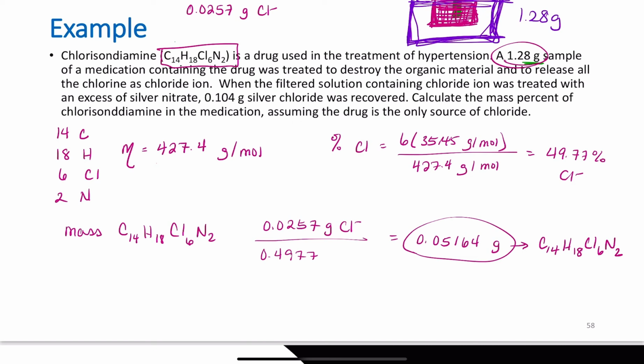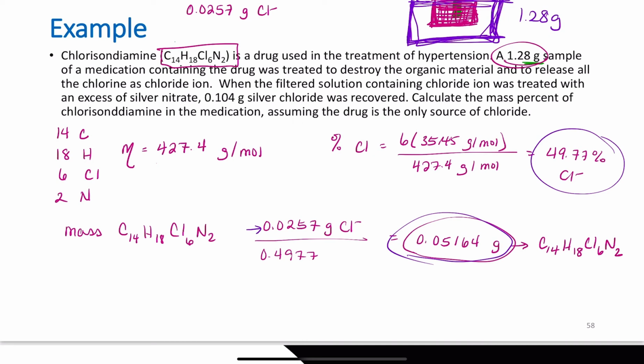I hope that makes sense. If not, come see me in office hours and I will help you understand it a little better. But I know that if 49.77% of the sample is due to chloride, and I've got 0.0257 grams of chloride in the sample analyzed, that means the drug within the overall sample had to weigh 0.05164 grams.